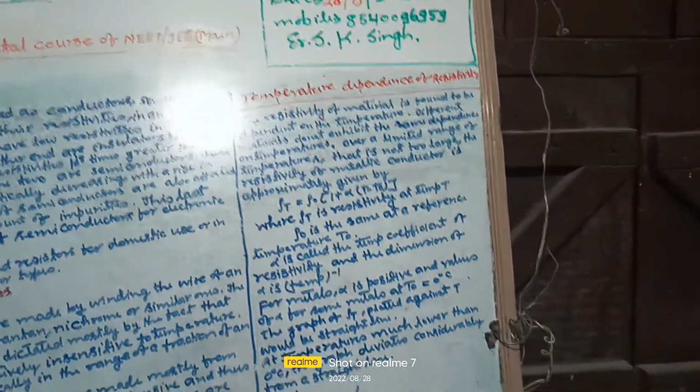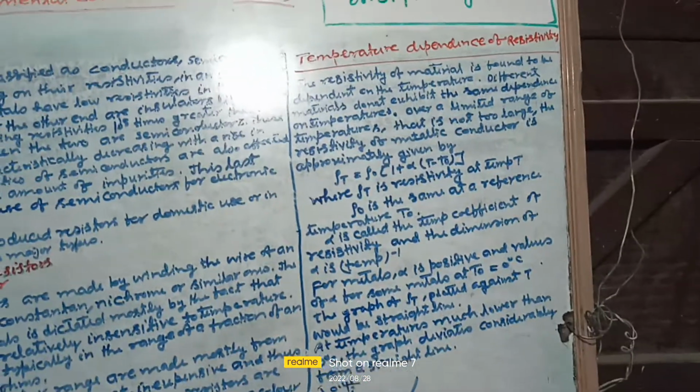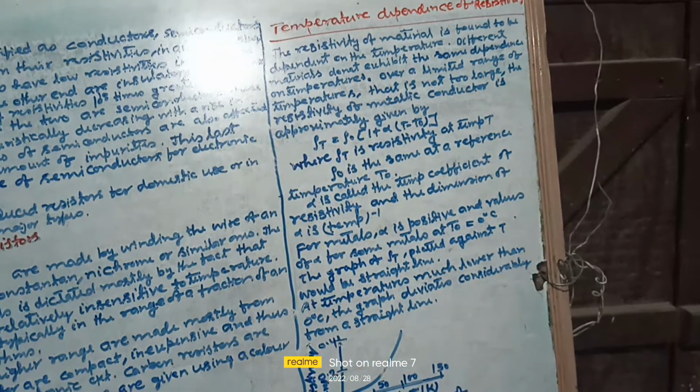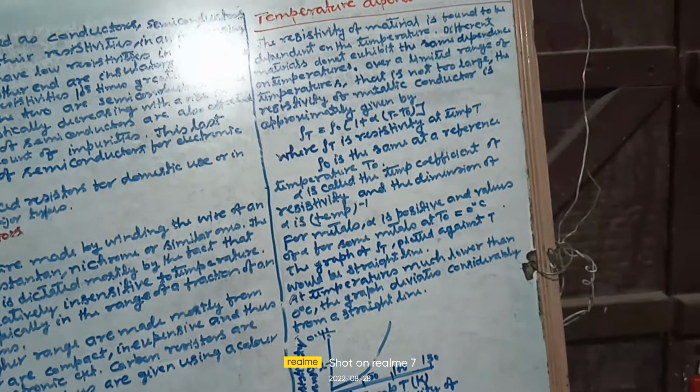Now the temperature coefficient, the temperature dependence of resistivity. The resistivity of a material is found to be dependent on the temperature. Different materials do not exhibit the same dependence on temperature.